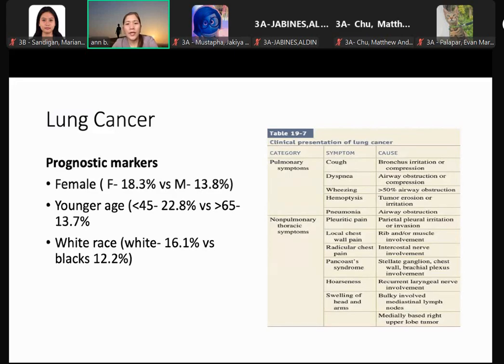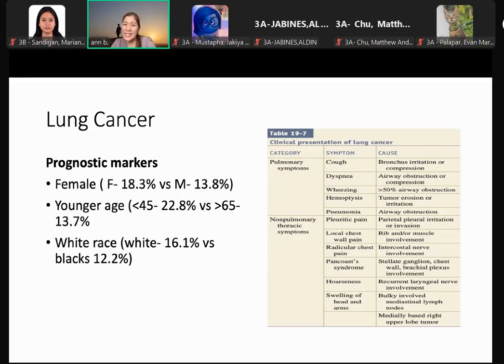So we have a table here of the clinical presentation of lung cancer. When you say clinical presentation, again, the usual symptoms are cough, dyspnea, wheezing, hemoptysis, or recurrent pneumonia or recurrent infection, or sometimes they have pleuritic chest pain, local chest wall pain, or hoarseness of voice.